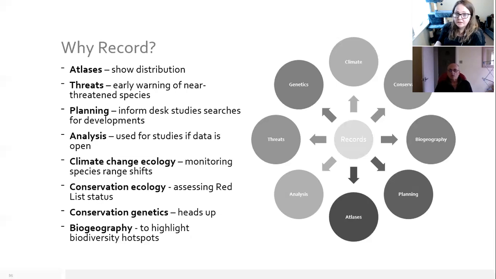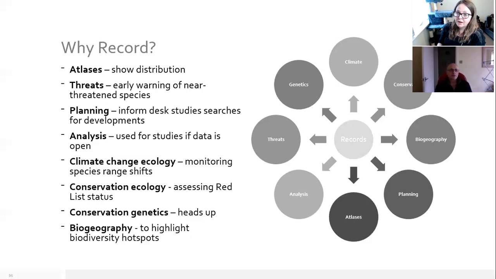And then when a company or an individual wants to do a planning development in the area, that record will trigger surveys, and then the results of those surveys will trigger appropriate mitigation. And so one of the best ways that you can support and conserve local wildlife is to create and submit accurate, timely biological records. And basically that is the way that the planning system works.